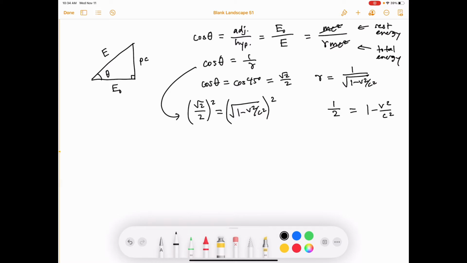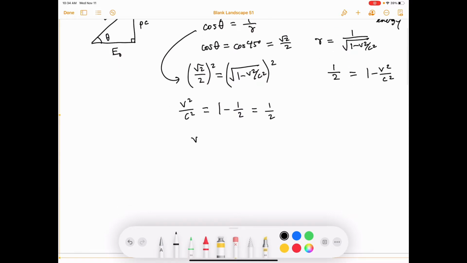Okay, so we're almost there. Let's add v squared over c squared to both sides. And then let's subtract 1/2 from both sides. So we have v squared over c squared is equal to 1 minus a half, which is just a half. So v squared is equal to a half times c squared.